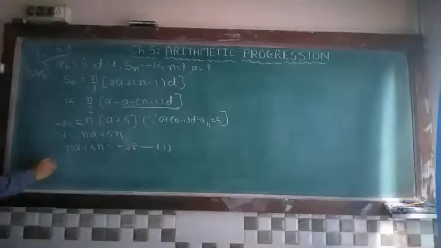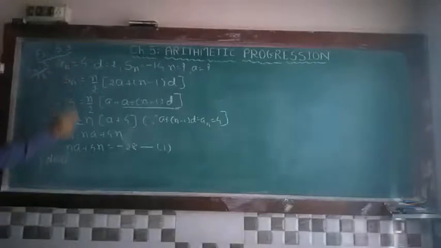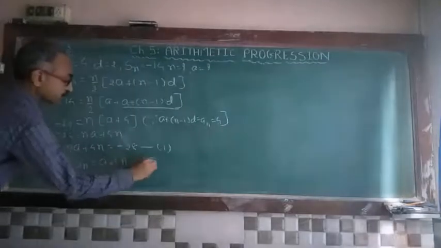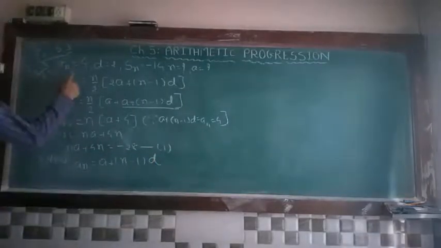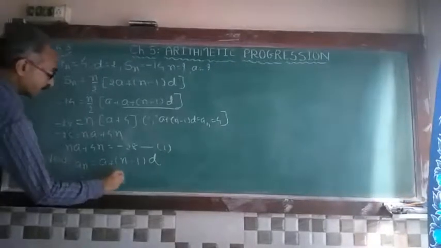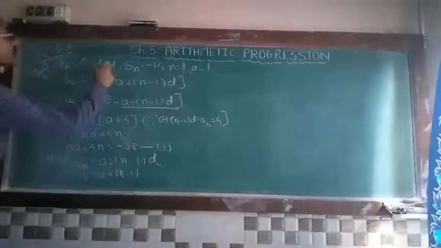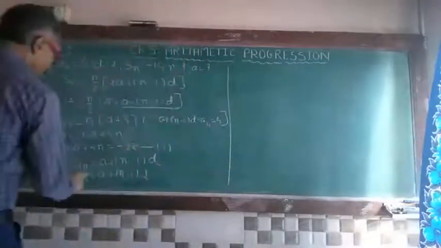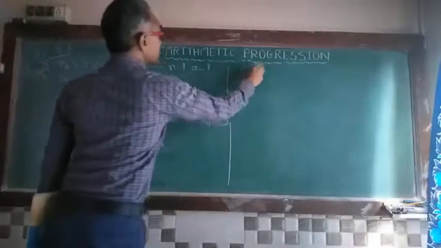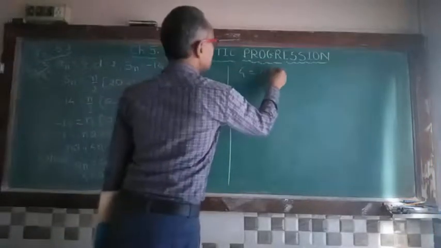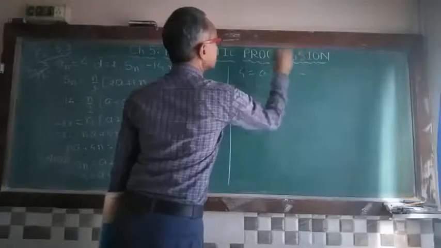Now an is equal to a plus (n minus 1) into d, where an is equal to 4, a is not given to you, and (n minus 1) into d is your 2. So 4 is equal to a plus 2n minus 2.